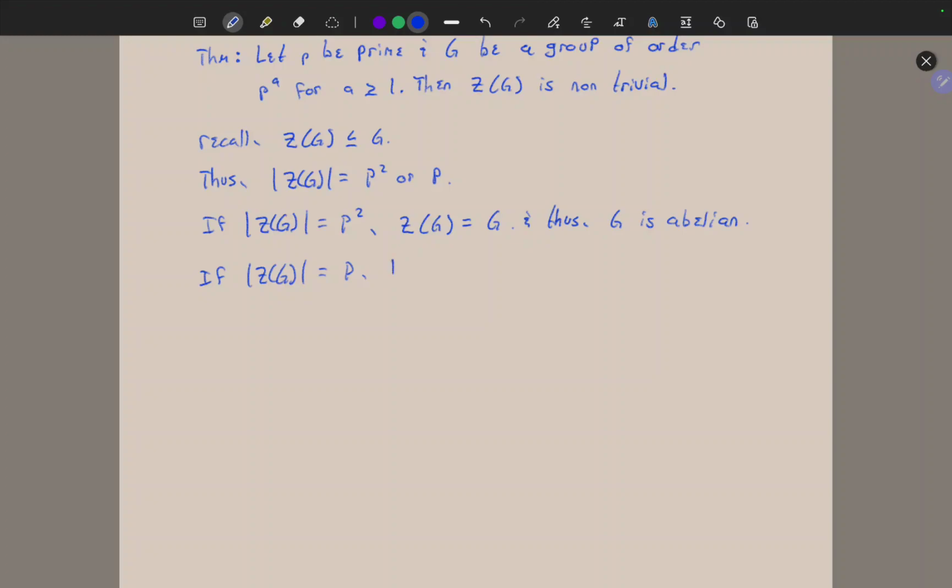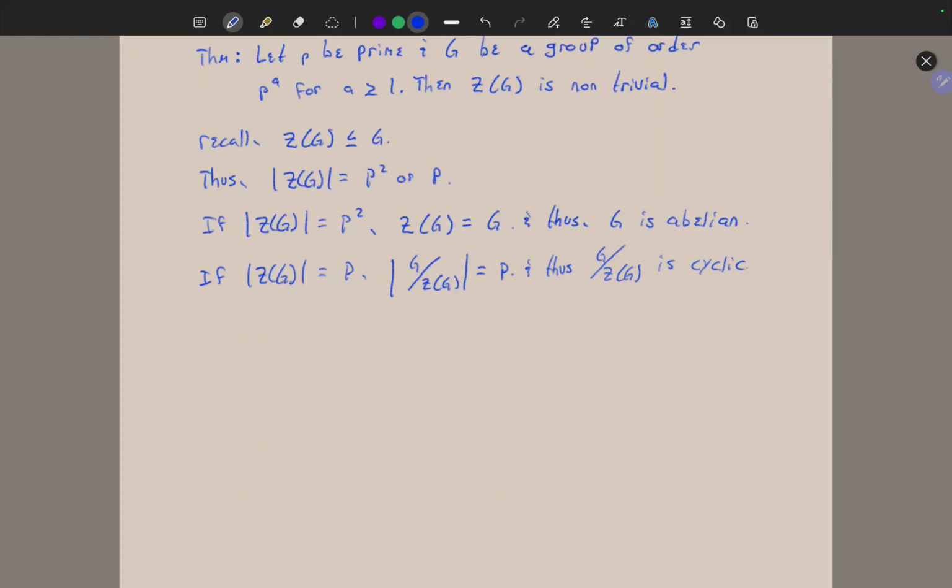So if we look at this here, this quotient group is going to have order, well, if G has order P squared and the center has order P, P squared divided by P, that's just P. So this has order P, and groups of prime order are cyclic. So thus this quotient group is cyclic.